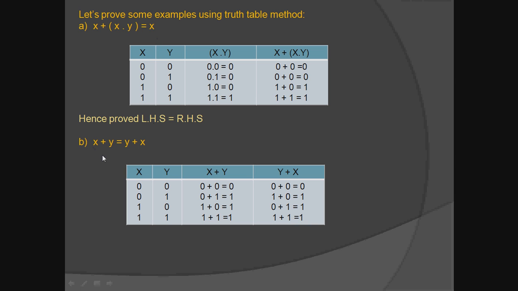Next, again, x plus y equals y plus x. Here also this is a very simple table. You can see the outcome is 0 1 1 1, again here 0 1 1 1, right? So the arrangement or the order of the operands does not matter in the logic circuits, because the output will be same.